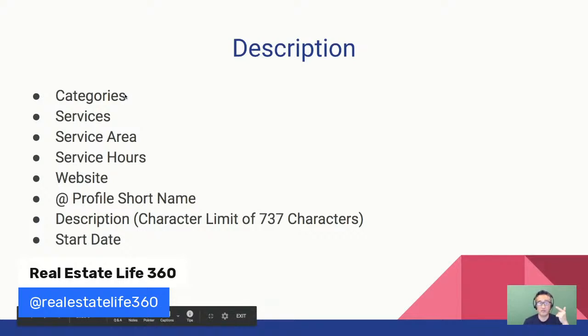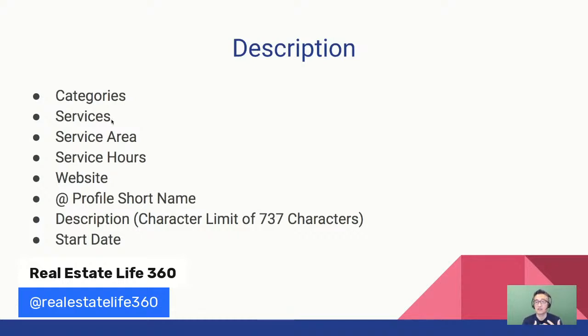If you're an investor, there are certain categories like real estate development, real estate consulting, and then your services. For example, if you're an agent, you would put in here you're a seller's agent, you're a relocation specialist, or you're a foreclosure specialist. You put those services there.